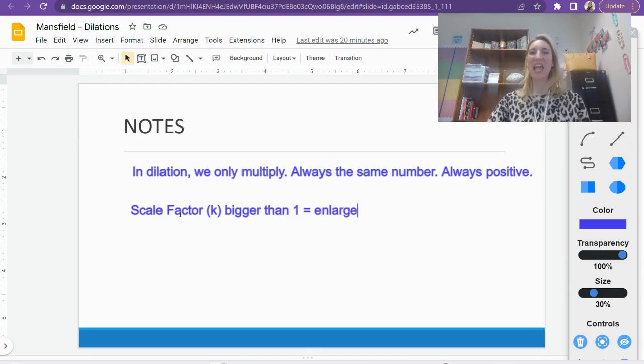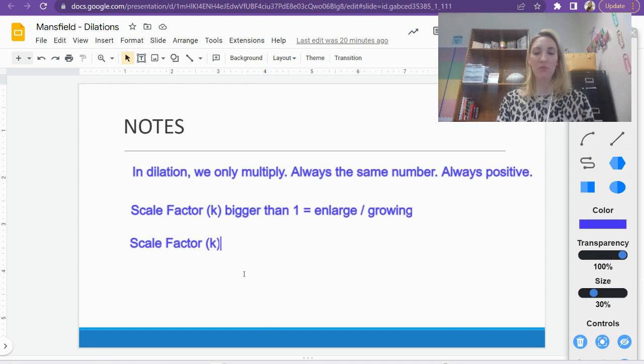Every time it's bigger than 1, it means it's growing. Write both, because the word enlargement is used a lot, and I want you to get used to both. And the last thing, it's the opposite of that. If the scale factor, or my k, is less than 1, that means it's reducing. I'm talking about a reduction. I have to reduce my shape, so it's shrinking.